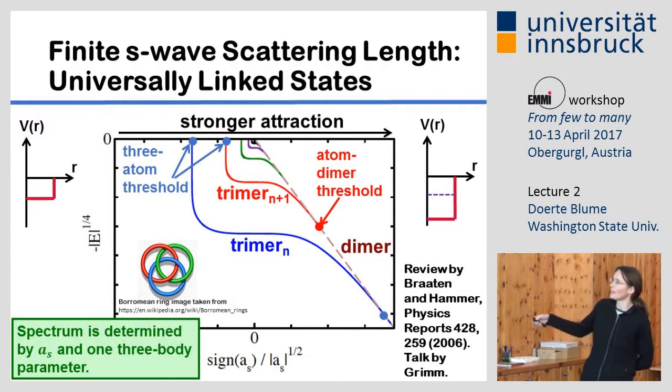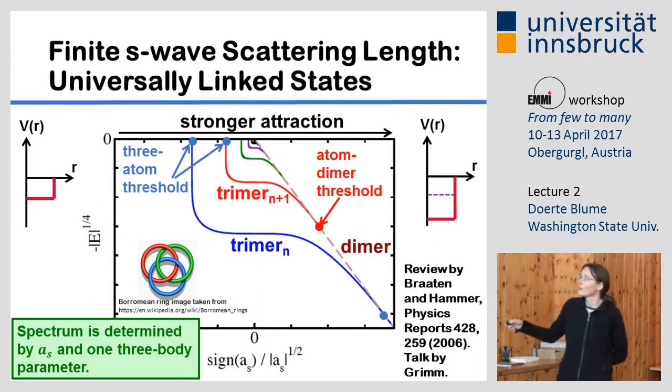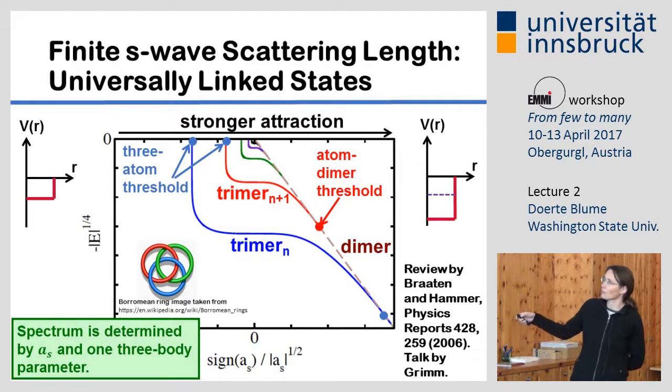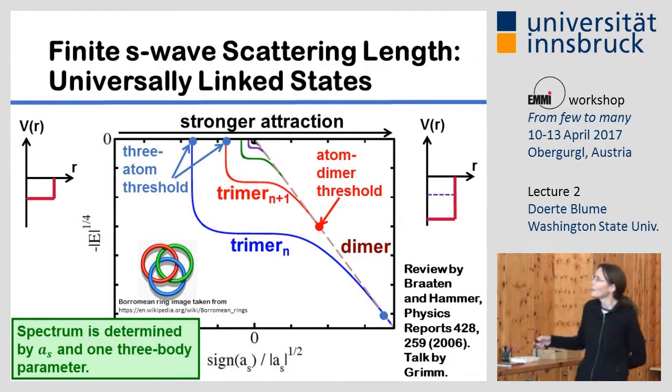if we think in terms of a square well potential. And on the other side, this regime here, we have the trimers running into the three-atom continuum. So we have the three-atom threshold sitting up here. So this is the Efimov plot, which really has rather unique features.